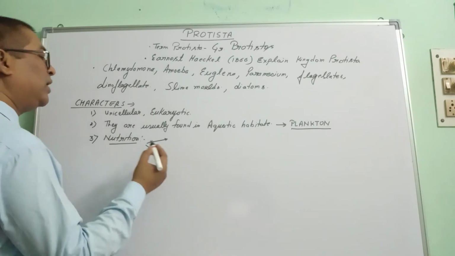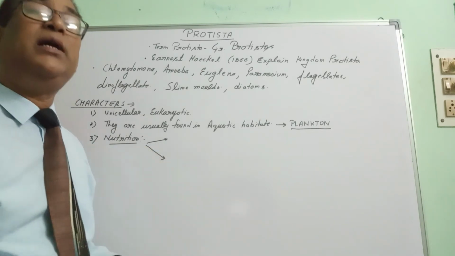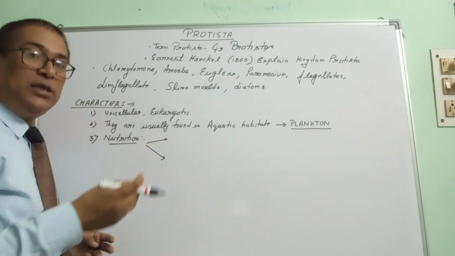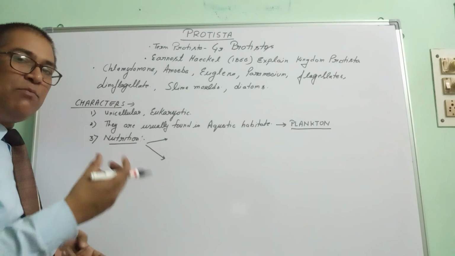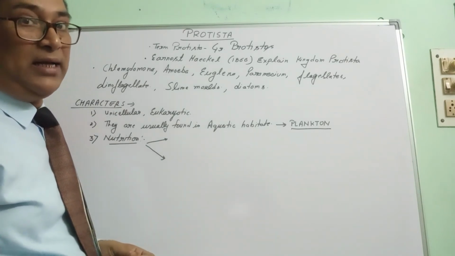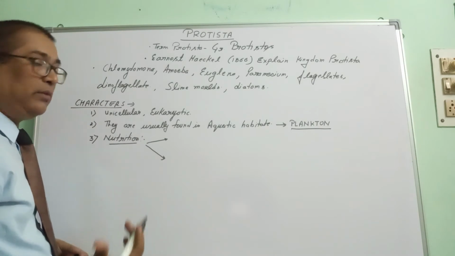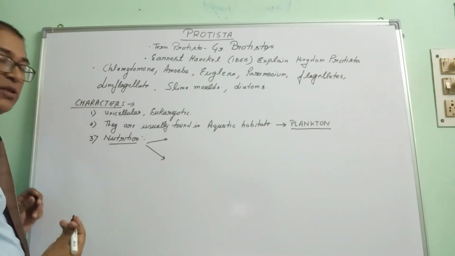Some protistans are autotrophs and some are heterotrophs. Autotrophs resemble plants and some resemble the kingdom Animalia.